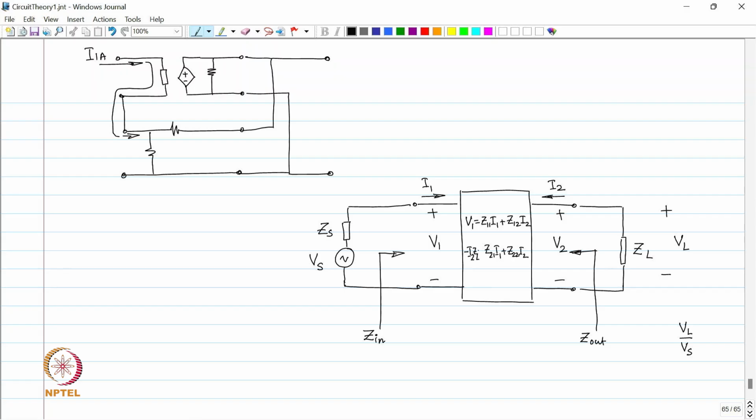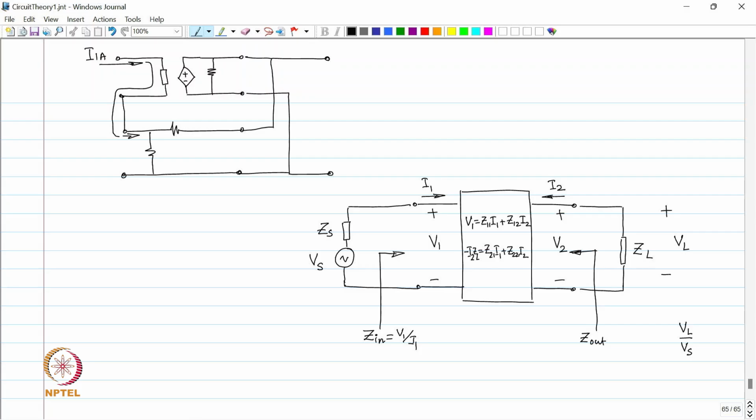All right, and now you can quickly transpose this and figure out what is V1 by I1. Zin is equal to V1 by I1, no? Zin is V1 by I1.